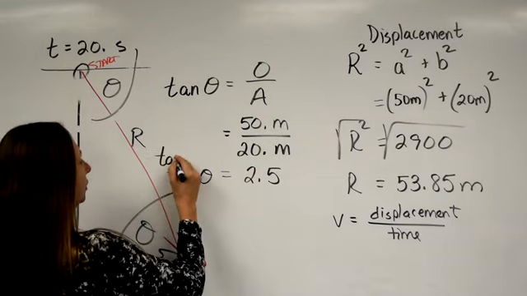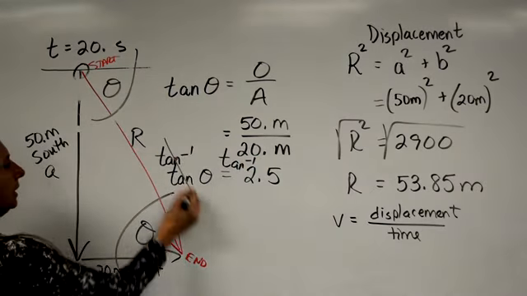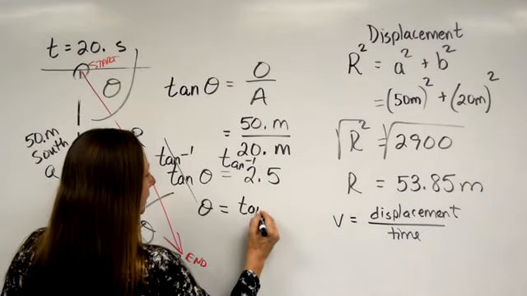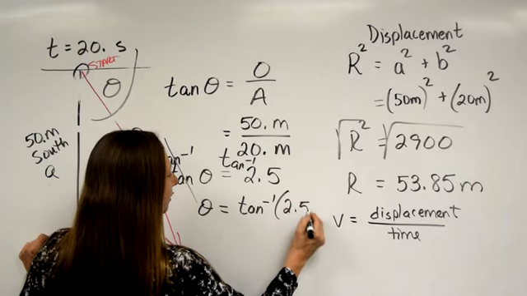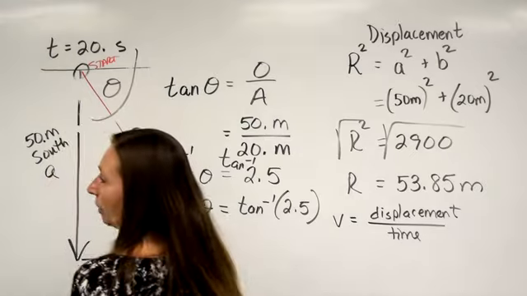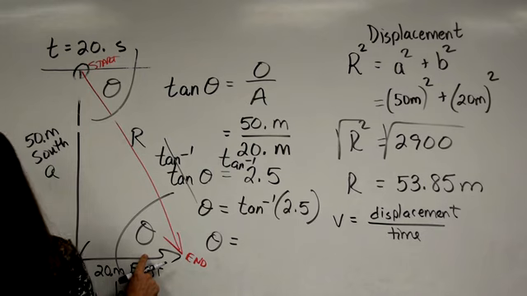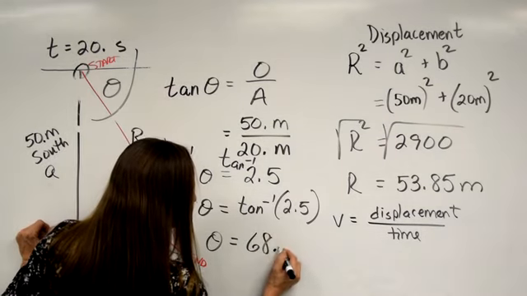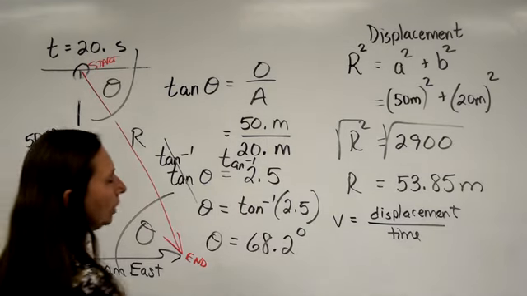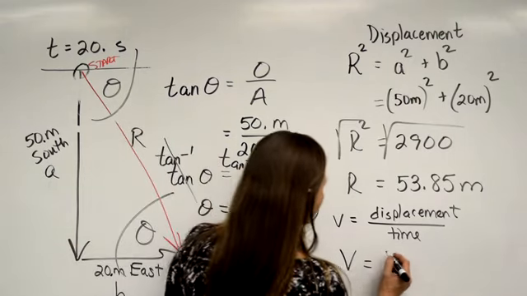To get rid of tangent, do inverse tangent, you have to do it to both sides. Tan and inverse tan cancel. Theta is the inverse tangent of 2.5. And what you find is that the angle right here is 68.2 degrees.